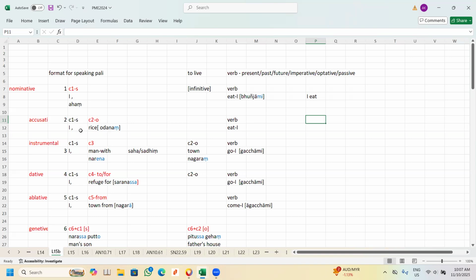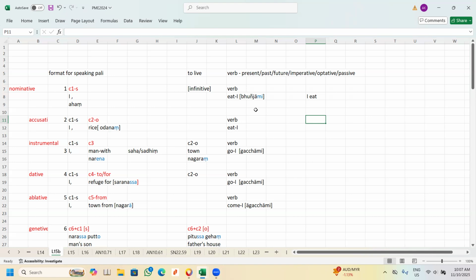The only reason ahang is emphasized first is that you are emphasizing the subject of the speaking, I. You emphasize it twice: I, rice, eat, I.